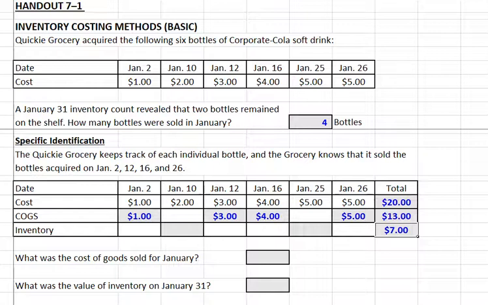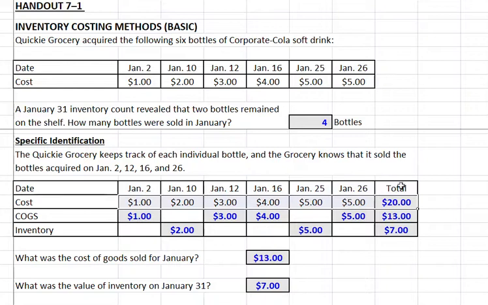And we can see that's the case because we've got a $2 bottle from January 10th and a $5 bottle from January 25th. So our cost of goods sold, 13, and the value of ending inventory of 7 equals the total cost that we spent on acquiring inventory of $20.